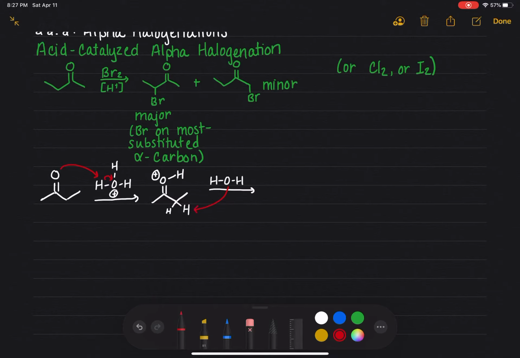at any one of the alpha hydrogens, and it is going to show a preference for an alpha hydrogen on a more substituted carbon. So that's going to give us carbon-hydrogen bonding electrons coming in to make a carbon-carbon double bond, the carbon-oxygen double bond moving up to a single bond, just like that.